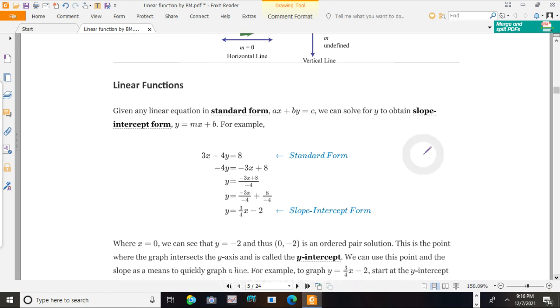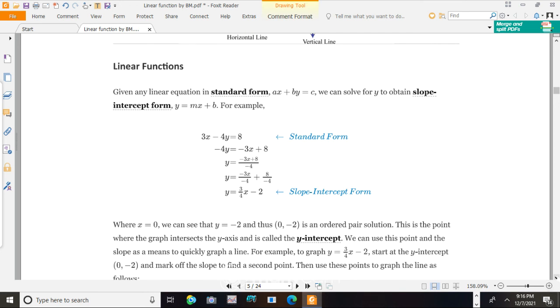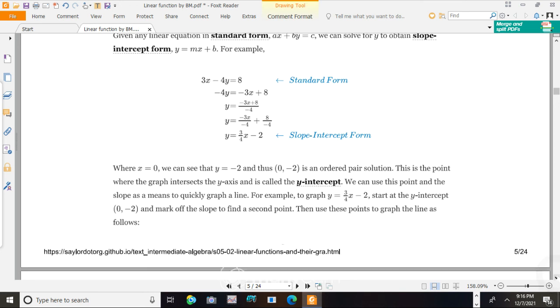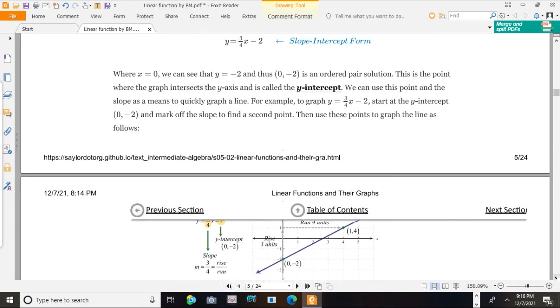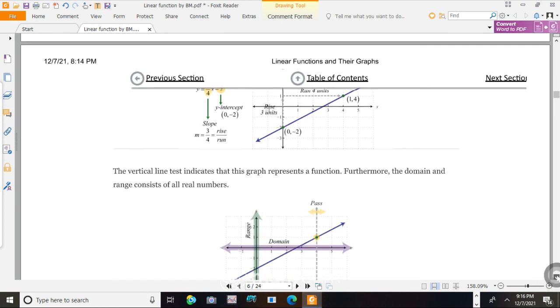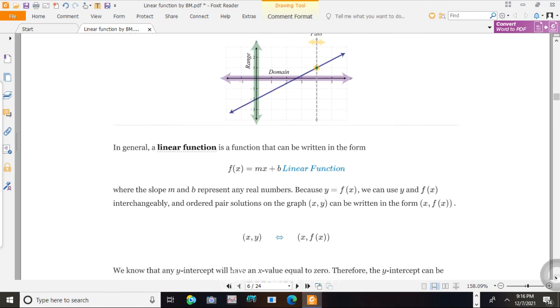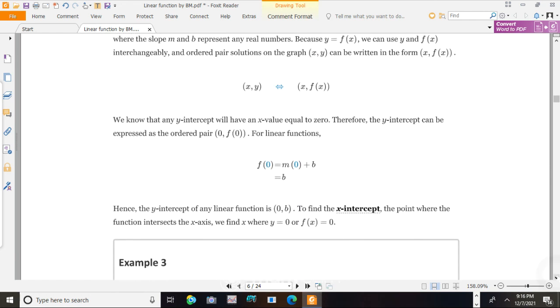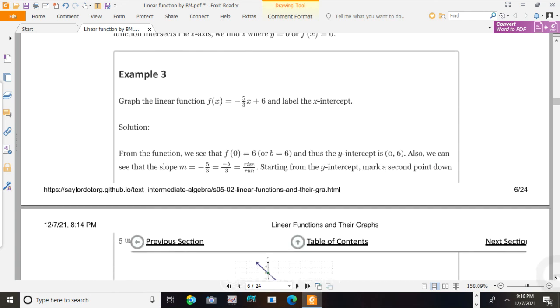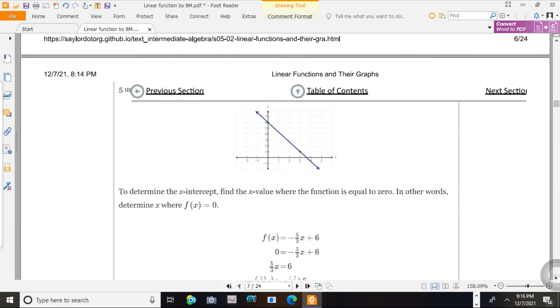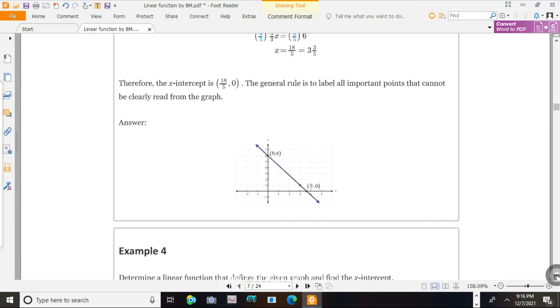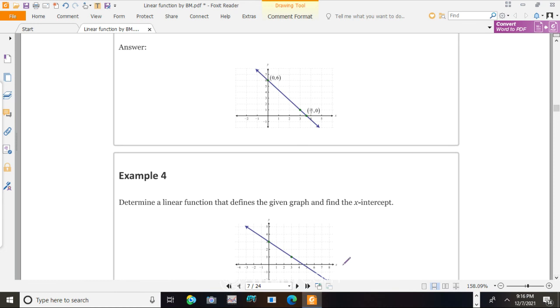We'll discuss the standard form, the slope-intercept form, in detail, and you can see a lot of examples.